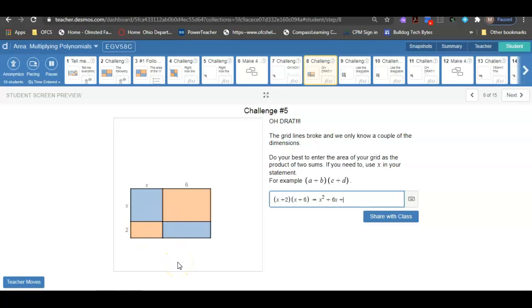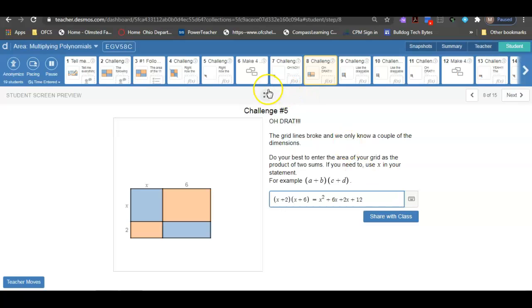So length times width, 2 times x is the area of that small part. And then the final blue rectangle here has dimensions of 2 by 6, 2 times 6, or an area of 12. So we just represented the area of this rectangle as a product, the outside dimensions, length times width, and as a sum of those 4 inside rectangles.